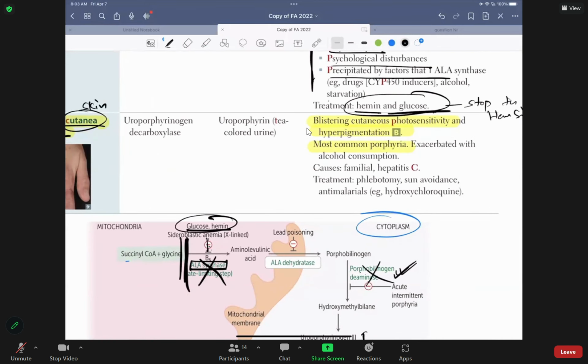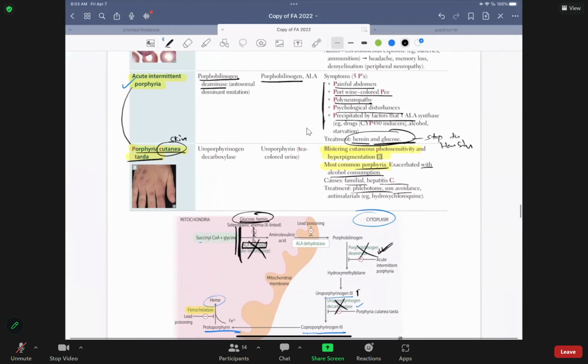Now, that's this one, folks, okay? This is the most common cutaneous porphyria. It's exacerbated with alcohol consumption. When they drink alcohol, this can be exacerbated. It's familial and some other forms. We avoid the sun, and do phlebotomy and all these things, okay? Now, those are the 2 diseases and 2 steps, folks, okay?